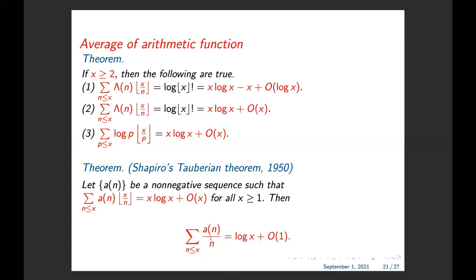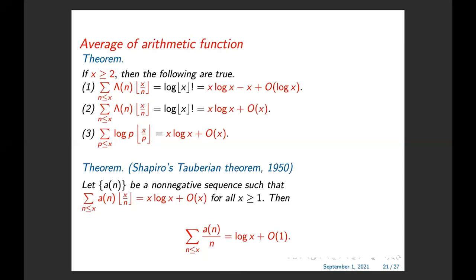Okay. So now we can apply this here. We are not going to prove this. You can take this as an exercise, and you can see the proof of this theorem in any standard number theory book.